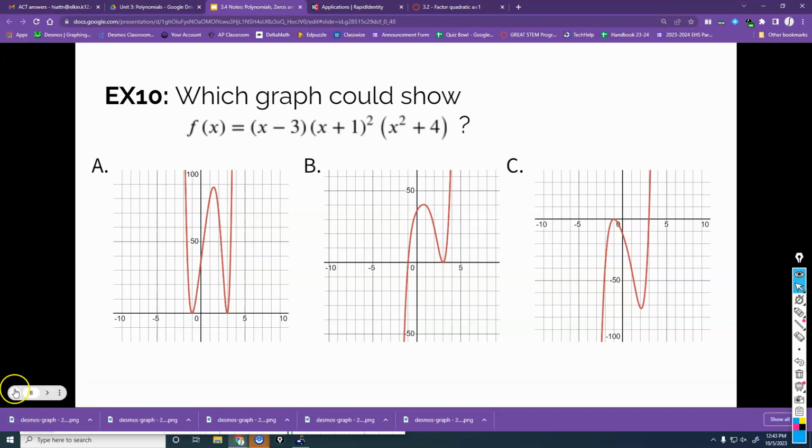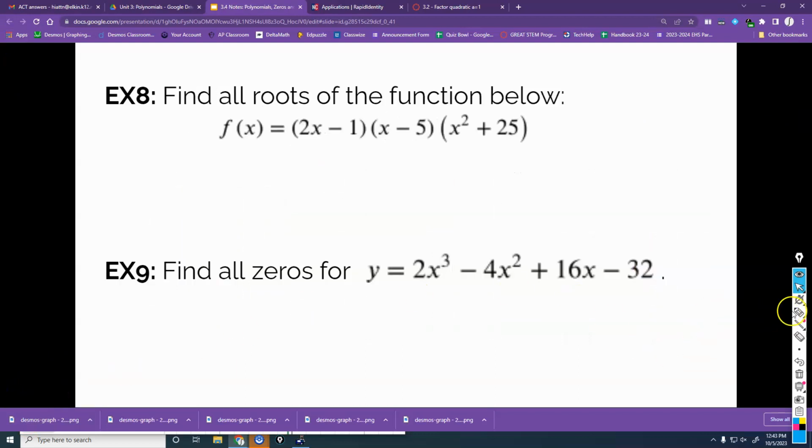I know based on what I'm seeing here that x equals 2 is a 0. That should be one of them. But it says find all zeros, and that is not all of the zeros, because how many zeros does this have? It's got 3 because it's third power, so I should have 3 answers for this.